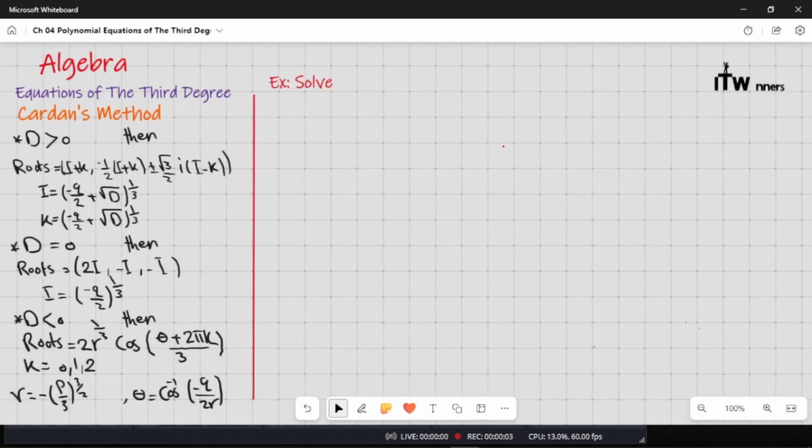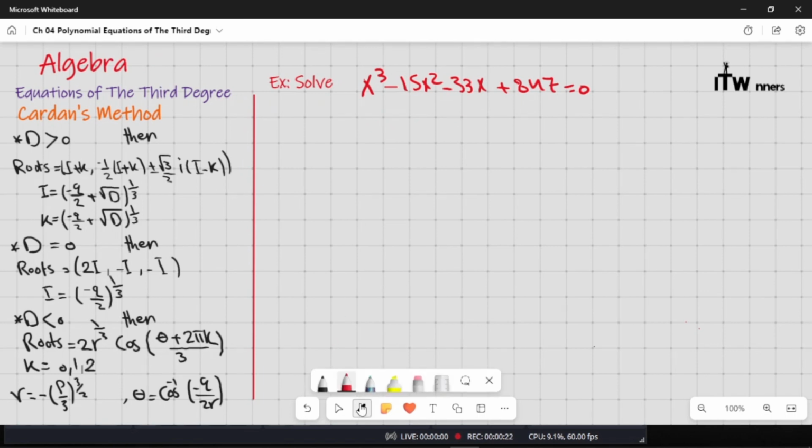Example 1 asks us to solve x cubed minus 15x squared minus 33x plus 847 equal to 0. We will follow our steps. Step 1: we must make the coefficient of x squared equal to 0.